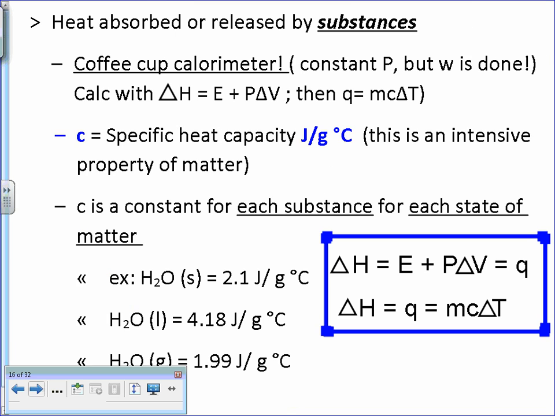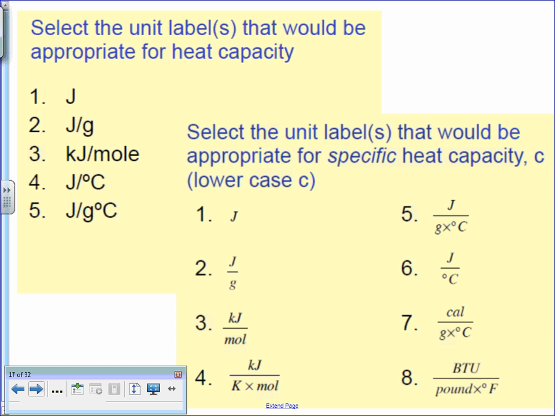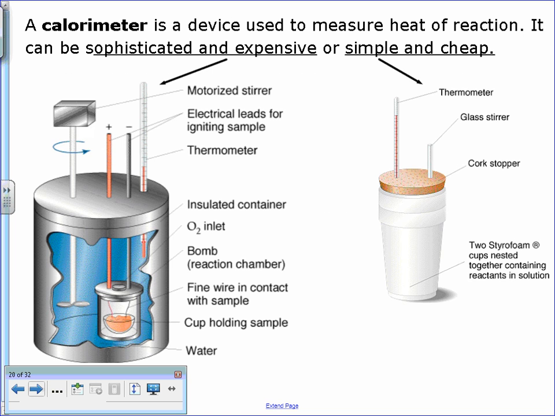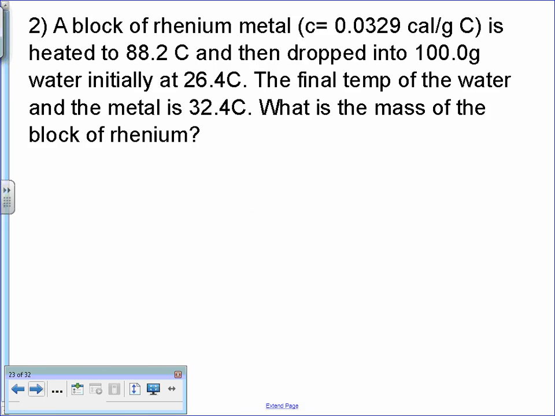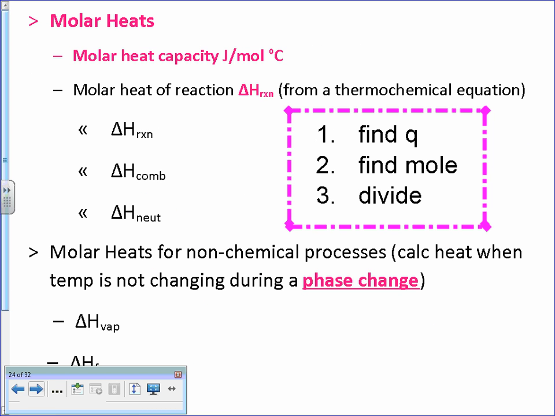So this is kind of what I just told you. If I give you a situation where you can find Q, the first step is to find Q. This is your friend. You will probably forget how to calculate delta H. Enthalpy is what this is. Find Q, find the moles, divide.